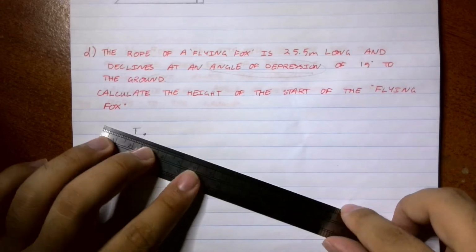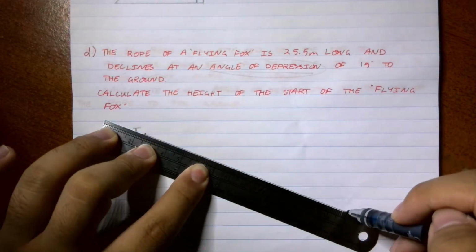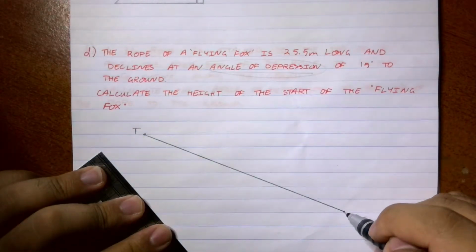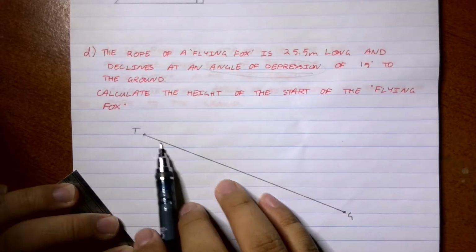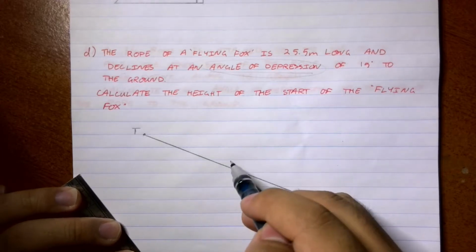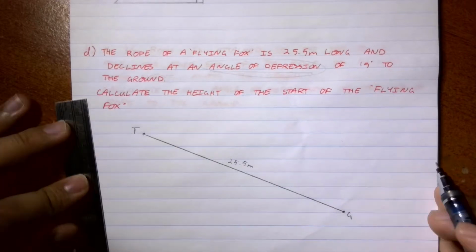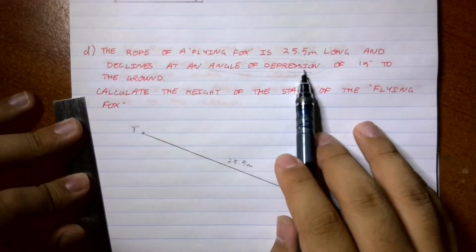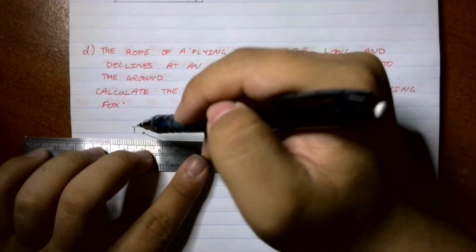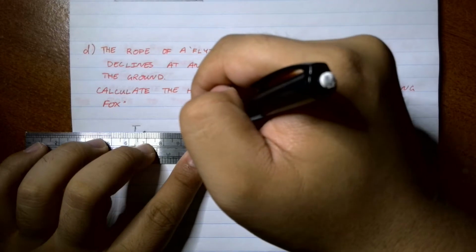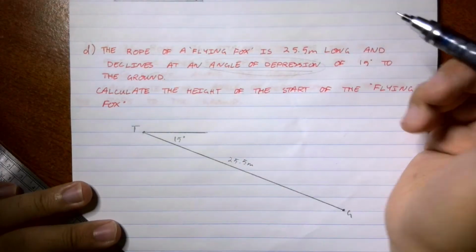So what this means is there's some rope attached to the ground like so, G for ground, and the rope is what you hang on to and you slide along. So this must be 25.5 meters long. Okay, and it's declining at an angle of depression of 15 degrees to the ground.